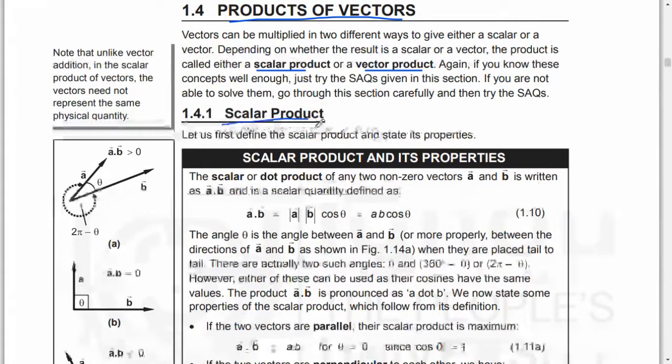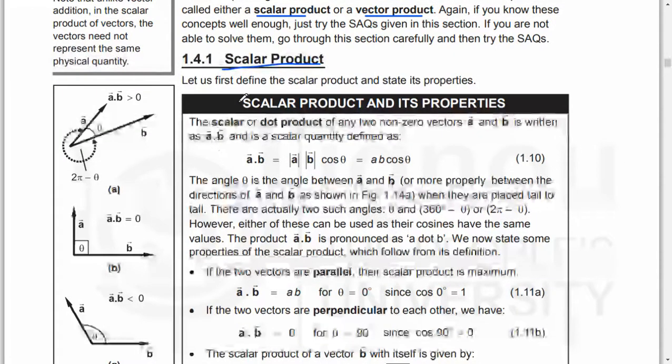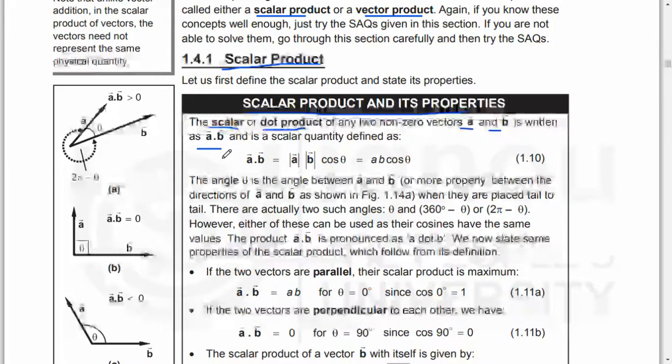Scalar product. Let us first define the scalar product and state its properties. The scalar or dot product of any two non-zero vectors, vector A and vector B, is written as A dot B and is a scalar quantity defined as A dot B equals mod of A, mod of B, cos theta, equal to AB cos theta.